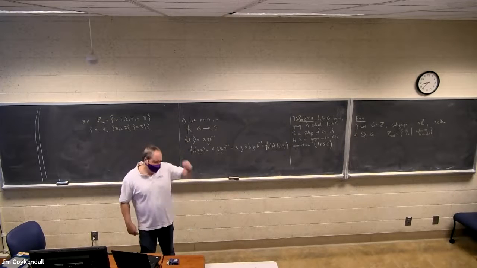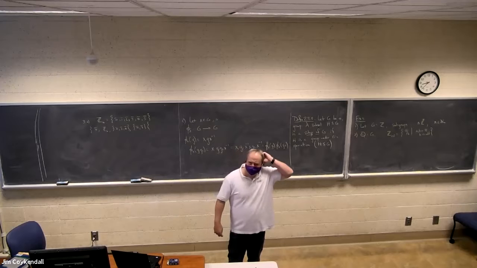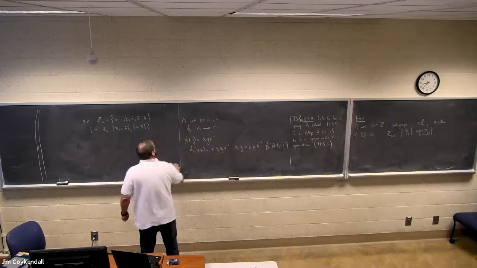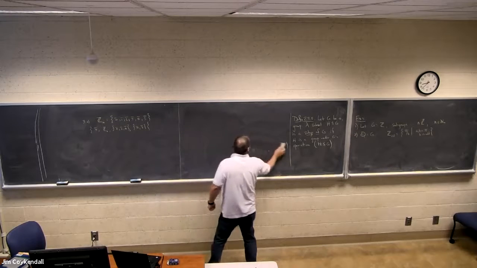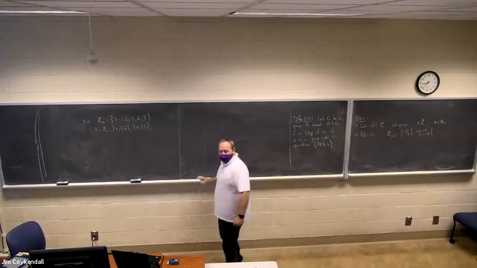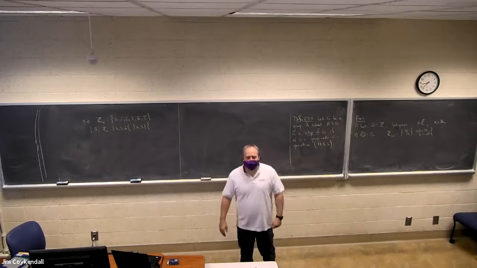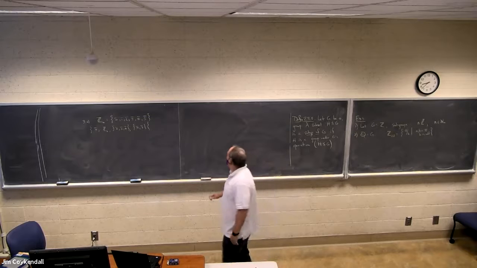Anybody think of another group of order 6? That's right, the symmetries of the triangle, so you thought of it in terms of D3, right? Symmetries of the triangle. That's also the same as S3. By the way, that's the largest number for which S3 and D3 coincide.